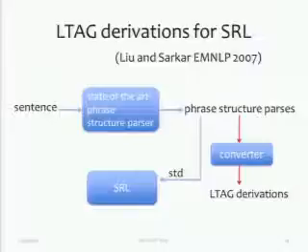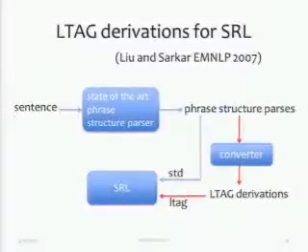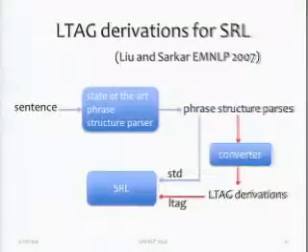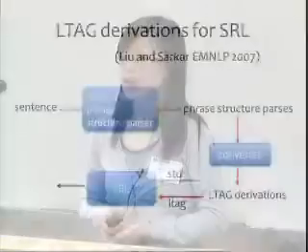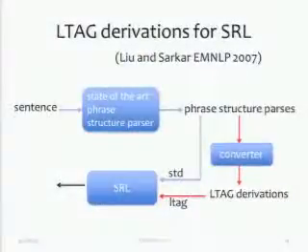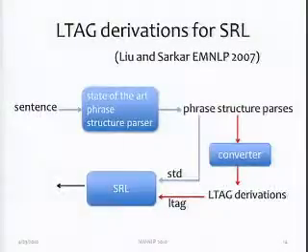We proposed a novel set of LTAG features and combined them with the standard feature set extracted from the phrase structure parses. We fed them into the SRL system and got improved performance. The work I'm going to present today is an extension and generalization of this piece of work.